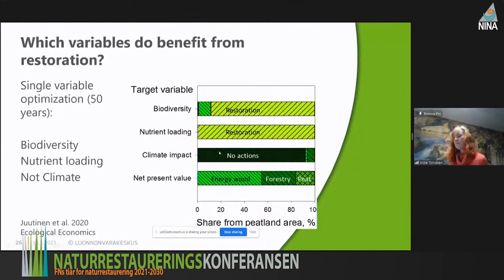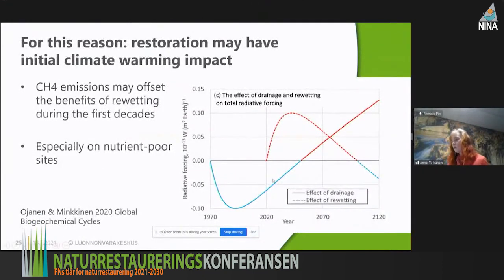Whereas if we want to maximize the climate benefits, meaning that if we want to mitigate climate change with the peatland use, mostly we would do nothing on these peatlands because they are in a climate neutral stage at the moment. But in the future, they would, like, if I go, so they are somewhere in this still now.